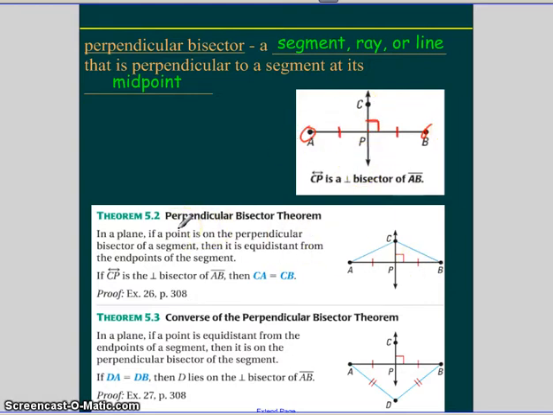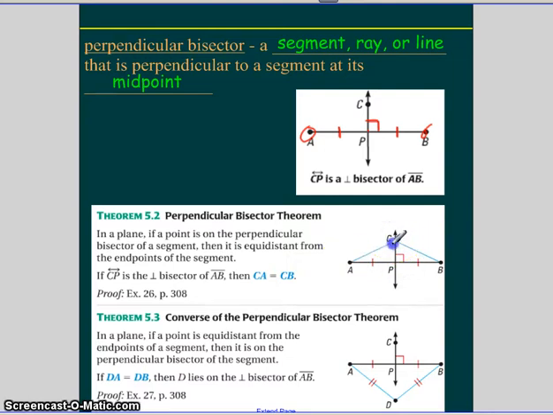We have a theorem that goes along with that, the perpendicular bisector theorem. It says in a plane, if two points are on the perpendicular bisector of a segment, then they are equidistant from the endpoints of the segment. Notice that with these markings of congruent and the right angle, CP would be the perpendicular bisector of segment AB.